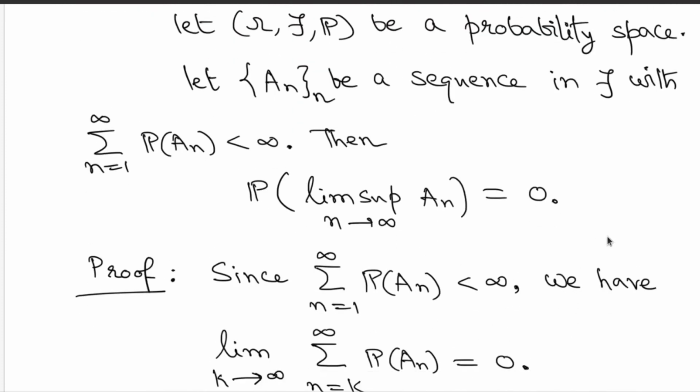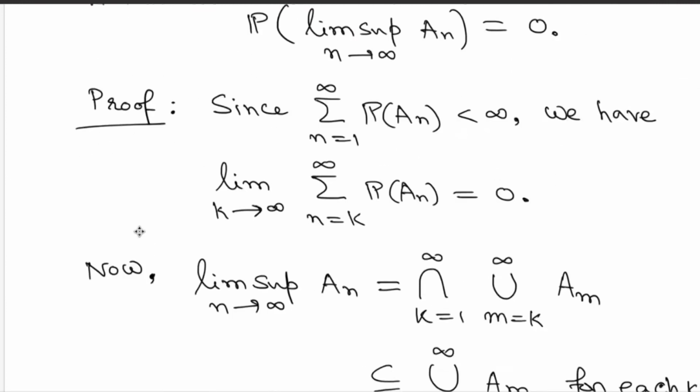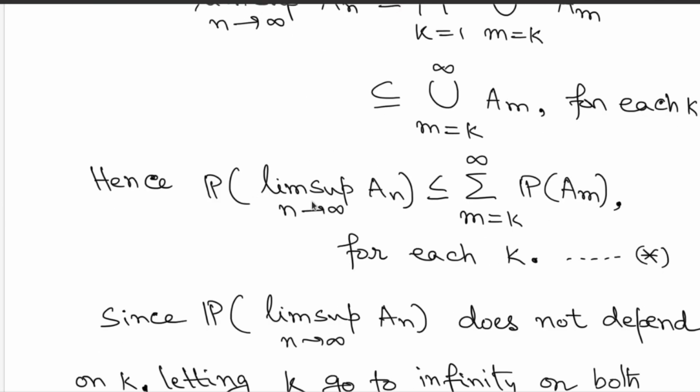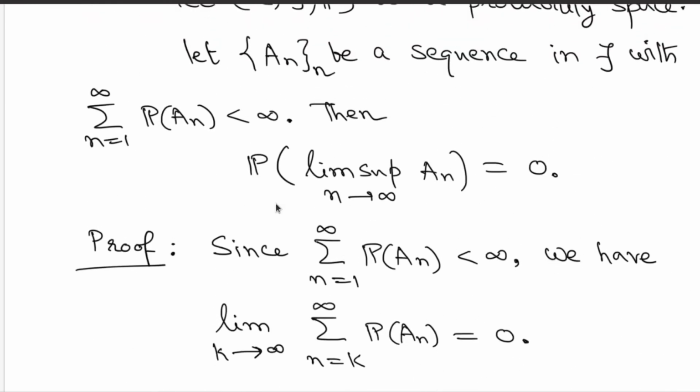Here we have used the convergence of the series, the finiteness of the series, and claimed that the tail contributions are 0, and we have estimated the probability of the limit superior by the tail probabilities. Since the sum of the tail probabilities goes to 0, we get that the probability of lim sup is 0.